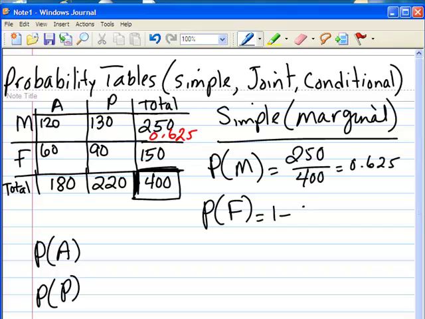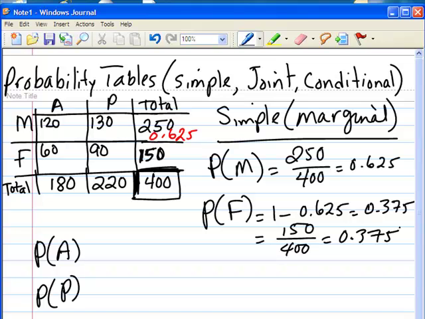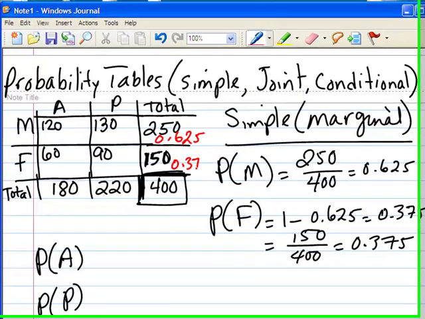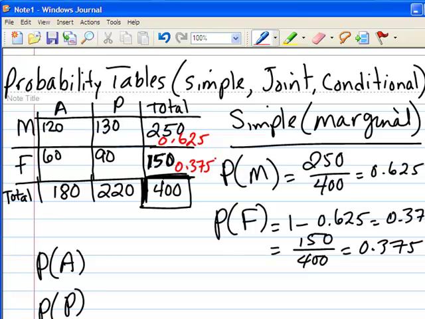So 1 minus 0.625, which is 0.375, is the probability of female, which of course I can also compute by taking the 150 females and dividing by the overall total of 400, and that's how I get 0.375. So either way, I will get 0.375 as the probability of female.